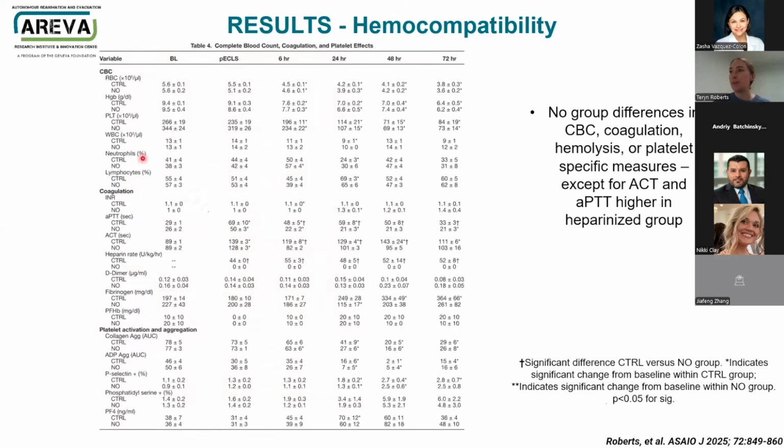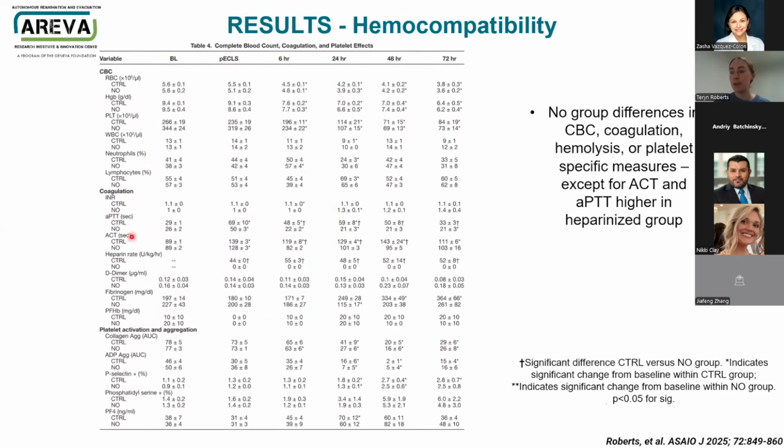Looking at hemocompatibility, we do see significant platelet loss in both groups. This is something we've consistently observed: we don't see preservation of the platelet count in the nitric oxide group. We're not systemically anticoagulating. We're just relying on the nitric oxide in this heparin-free approach. But that's something that we've noted.